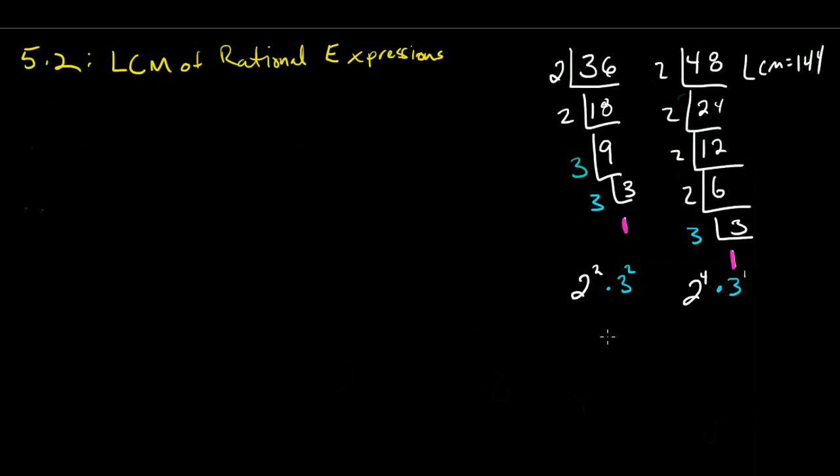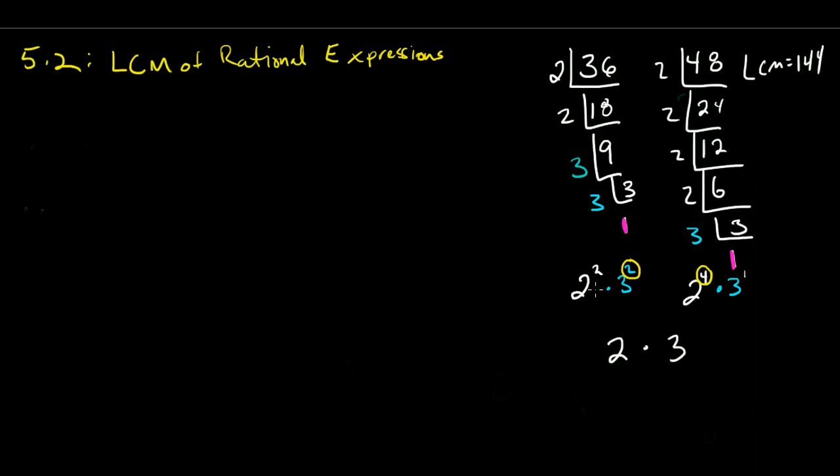Well, both of them have a 2, and both of them have a 3, and there's no other number that either of them have, so really it's going to be a power of 2 times a power of 3. And what we want to do is find the highest exponent that occurs in each number, in all the numbers.